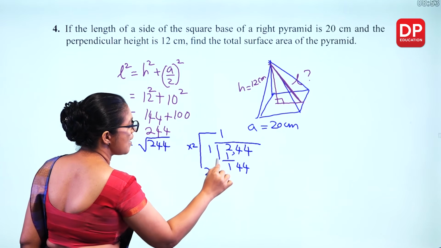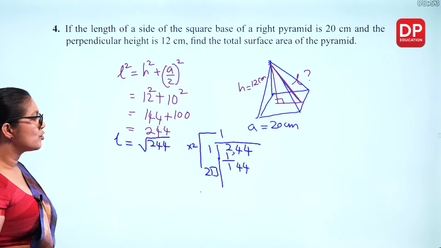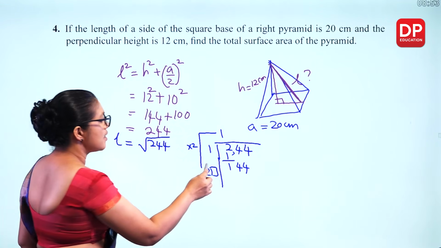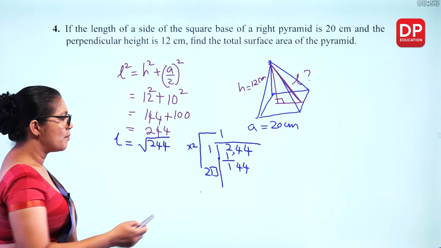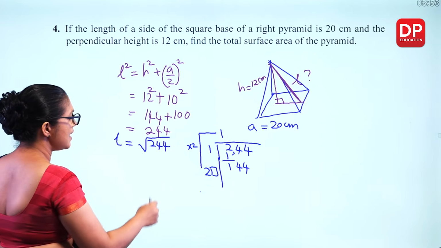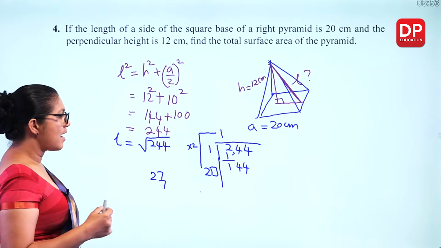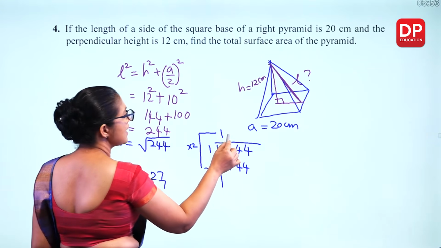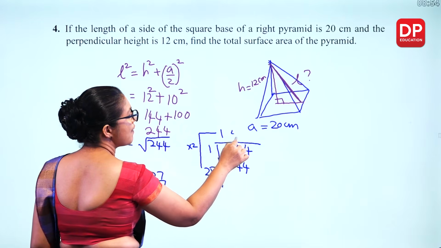You get 20 something to get 144. So when you put 2, 22 times 2. But when you put 7, try 7 and see. 27 times 7. It's more than 144. So we'll take 6, also more than. So 5.